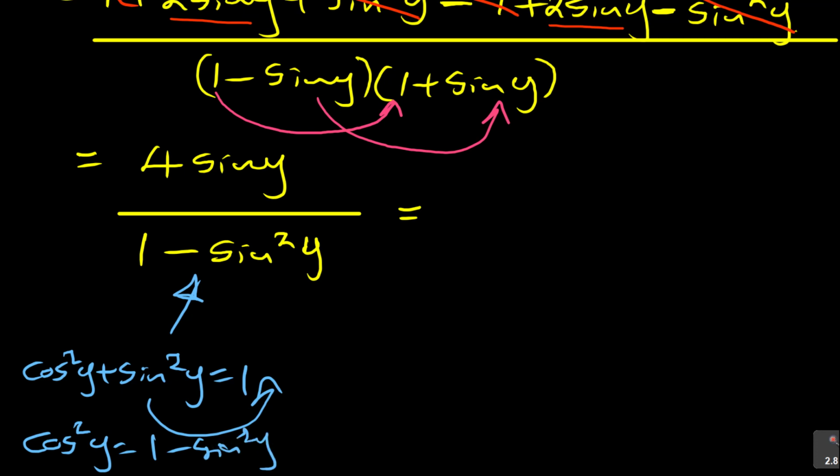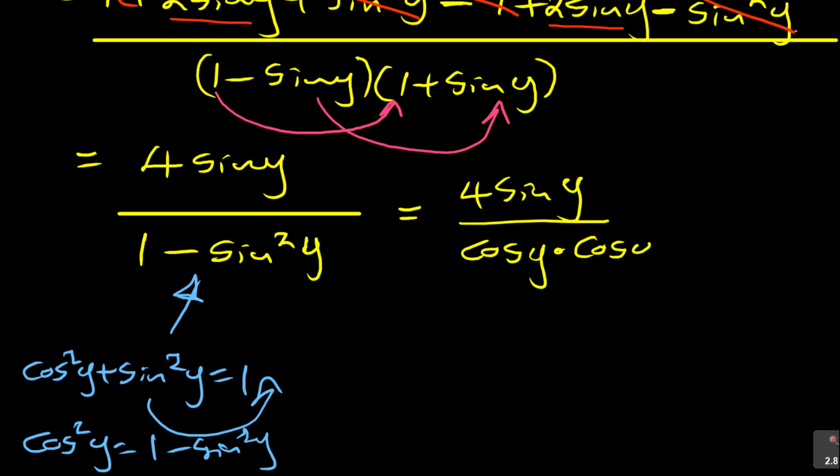Alright, so this is simple: 4 sin y over, since it's cos squared y, I'm not going to write it as cos squared y, I'm going to write it as cos y times cos y.